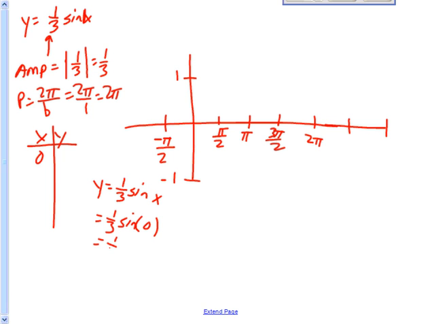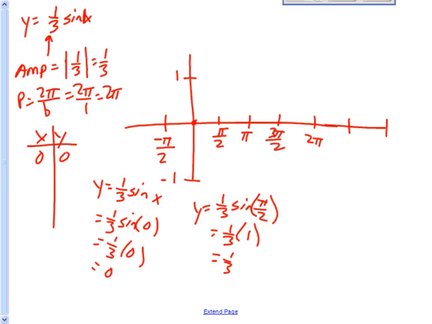Sine of 0 is 0. 1/3 times 0 is 0. Alright, let's plug in pi halves. Sine of pi halves is 1, 1/3 times 1. I got 1/3. So at pi halves, I'm only a third of the way up, right? Sine of pi is 0. 0 times the third in front, 0.